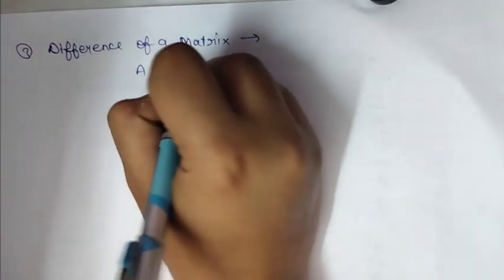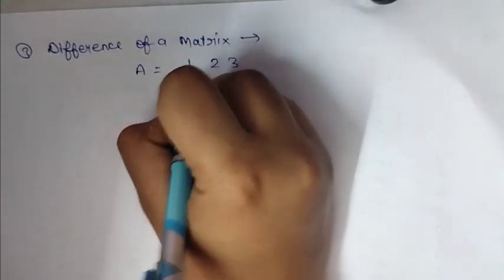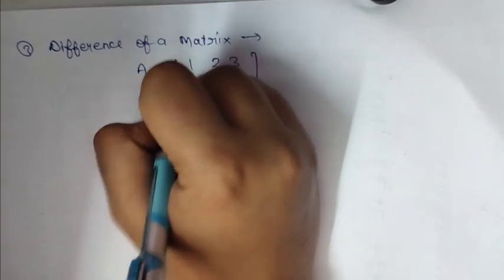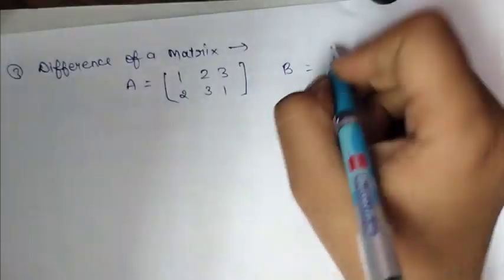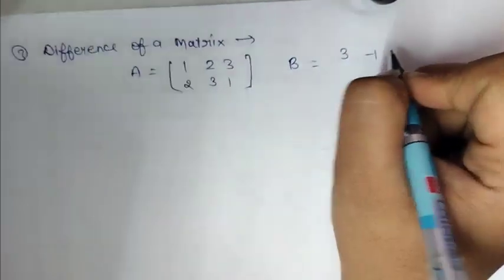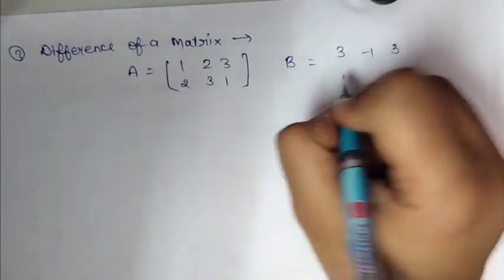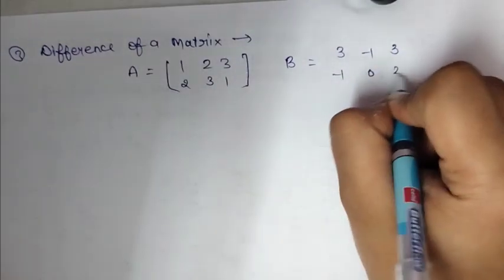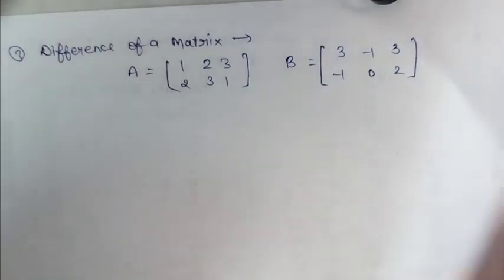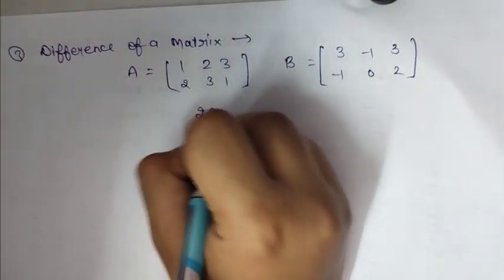Suppose we have one matrix A equal to 1, 2 and 3, 2, 3 and 1, and the other matrix is B, 3, minus 1, 3, next is minus 1, 0 and 2. And we have to find the value of 2A minus B.